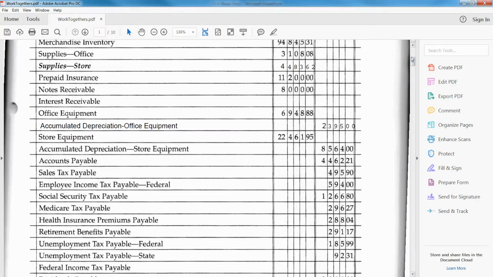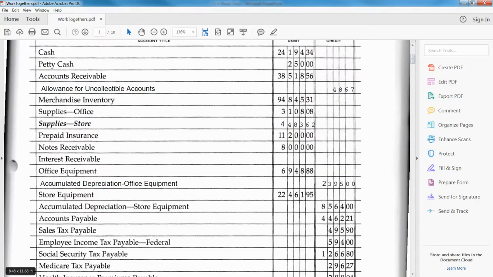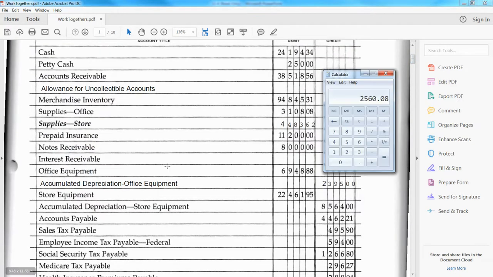So our supplies store, the balance is $4,483.62, and our physical count was $640. So that means we have $640 worth of store supplies left. So we used up $3,843.62.